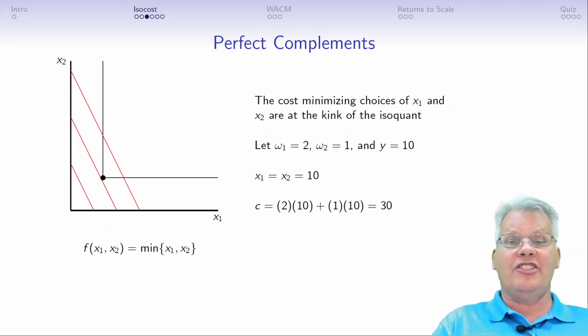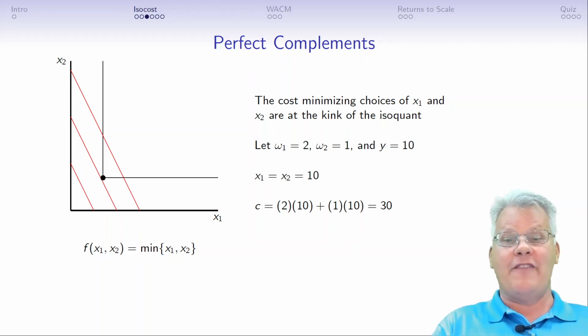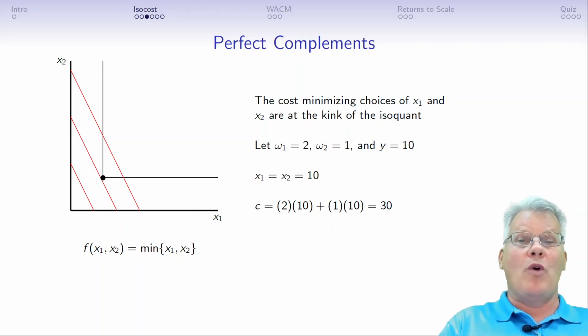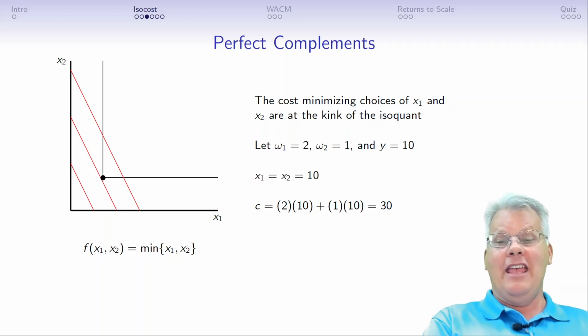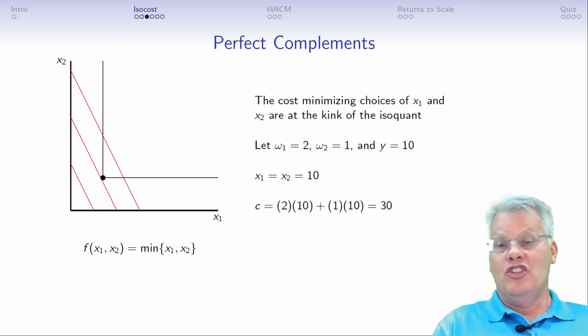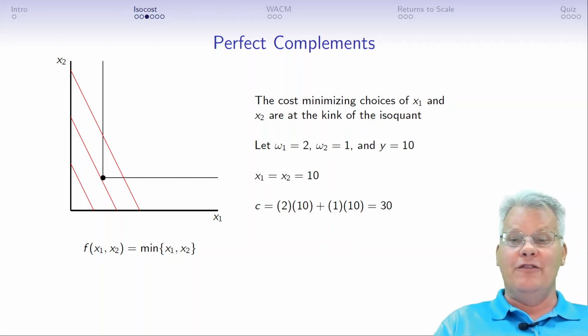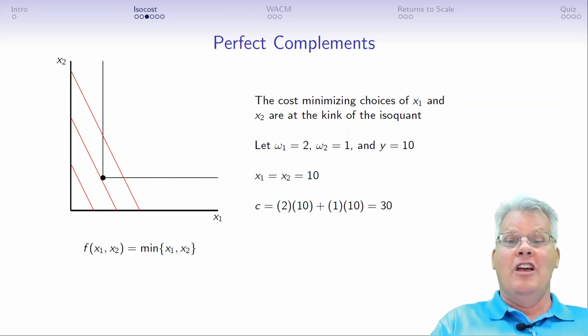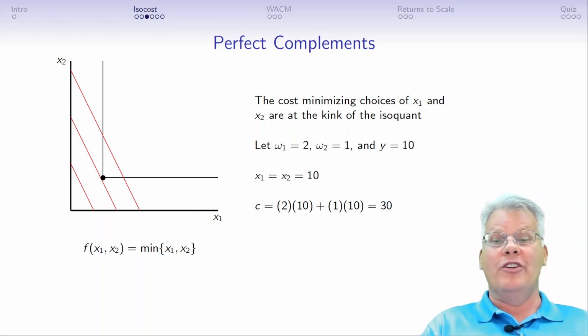If we want to illustrate this for an isoquant where the firm is producing 10 units of output, I claim it's quite evident that the firm needs 10 units of factor 1 and 10 units of factor 2 to produce an output of 10. Given the factor prices of 2 and 1, the total cost to the firm of producing 10 units of output is going to be $30.